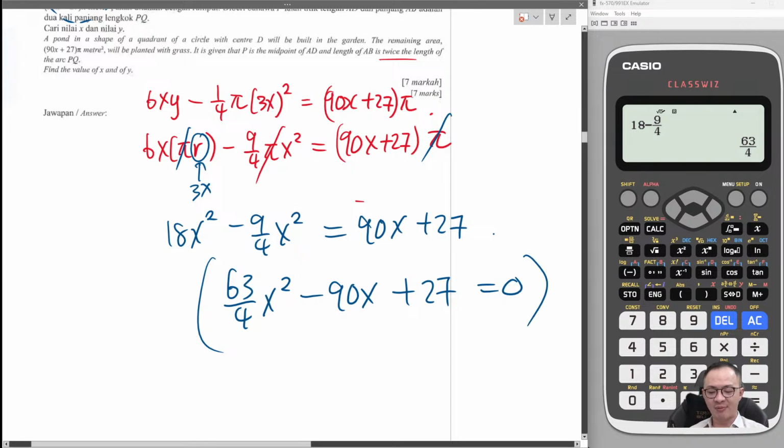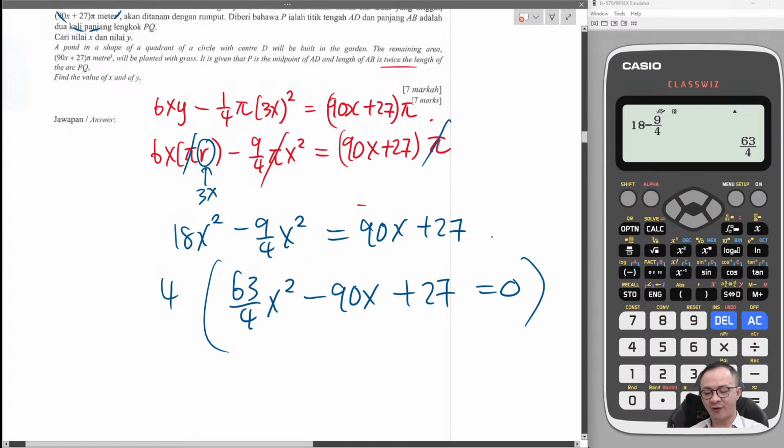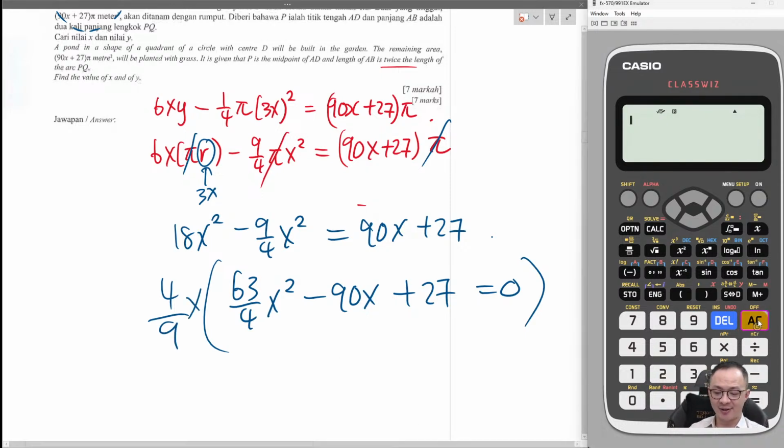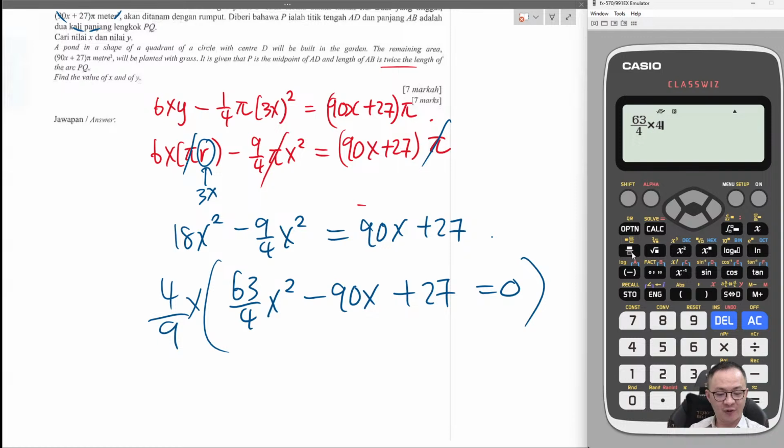But I guess all the numbers can be divided by 9, so I will multiply 4 over 9 to make all the numbers nicer. So 63 over 4 multiplied by 4 over 9, 7x squared. This one is 40x. This one is 12.